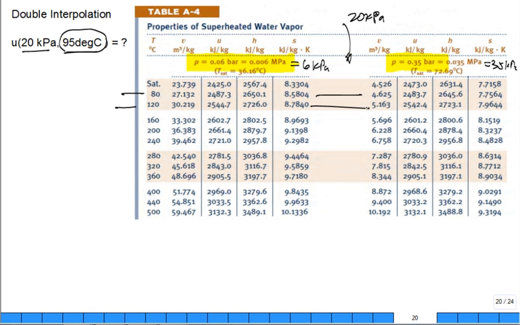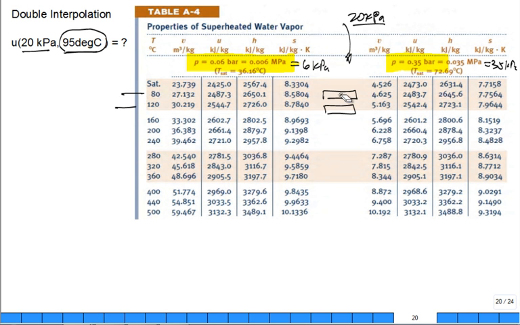What do I do? Bust it into two steps. Interpolate with respect to one of them first and then the other second. So make a new table for 20 kilopascal, and then get values for 80 degrees and 120 degrees for whatever we're interested in. In this case, we're interested in u, aren't we?